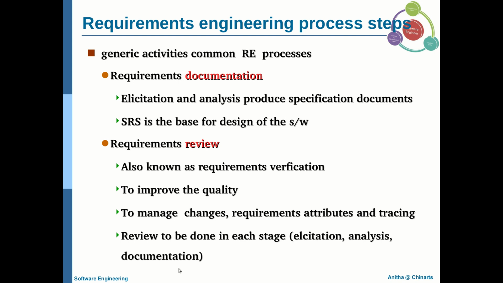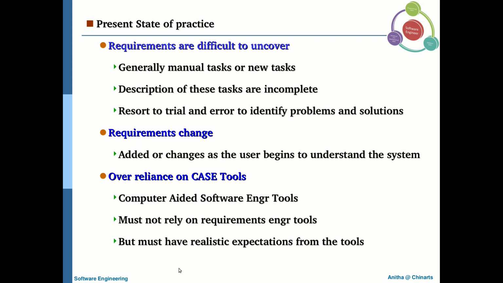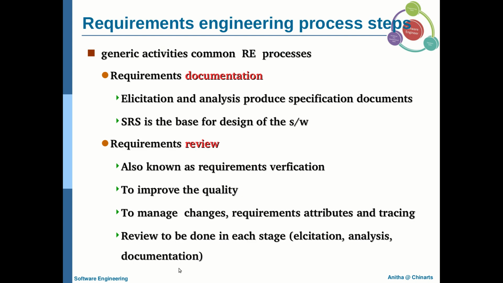So the primary output of the requirement engineering phase will be the requirement specification. If it describes both hardware and software, then it becomes the system requirement specification. In the software requirement specification, the entire software process will be described.